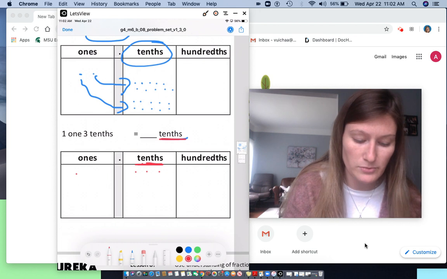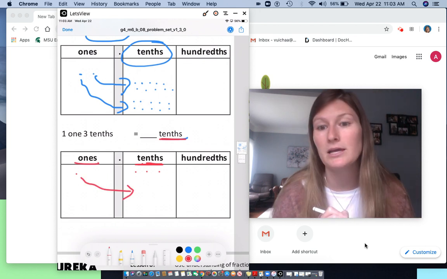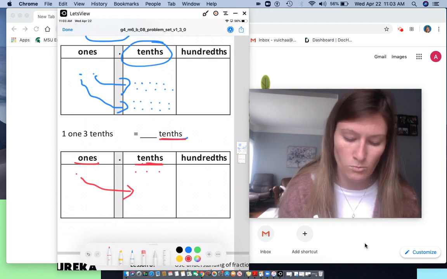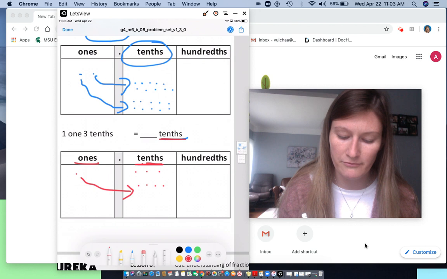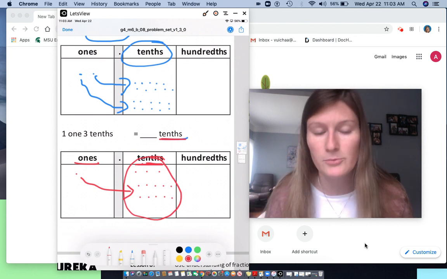We do have to move this 1, though, to the tenths. How many dots are you going to make? Hopefully you said 10. 1, 2, 3, 4, 5, 6, 7, 8, 9, 10. Now we have our answer. Count how many dots I have, or on your paper.